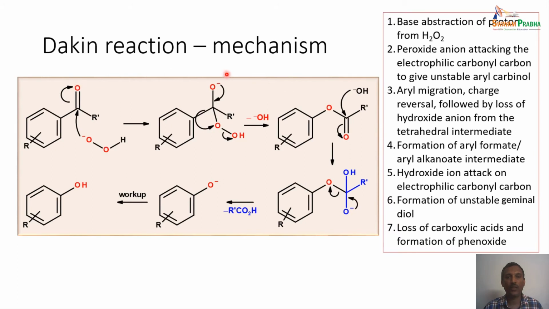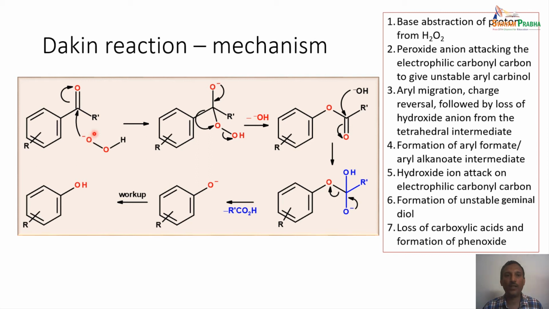If you look at the reaction mechanism in detail, the various steps are given here. Earlier we had seen in the Wolff-Kishner reduction that the base, that is potassium hydroxide, abstracts the proton from the glycolic solvent to give the corresponding oxide anion.